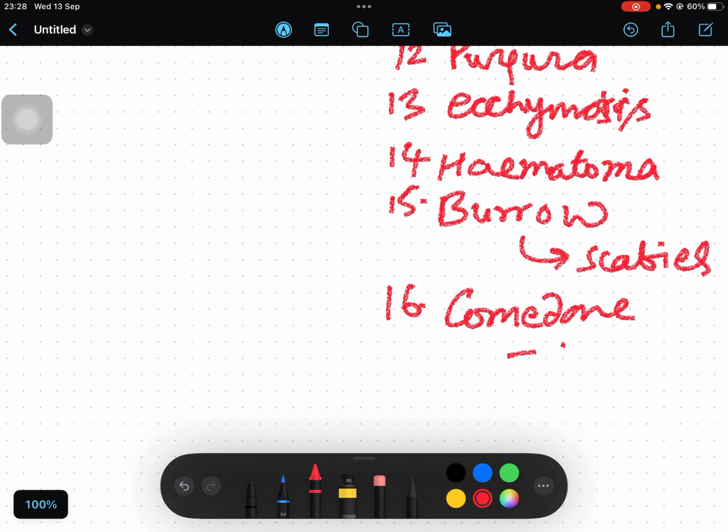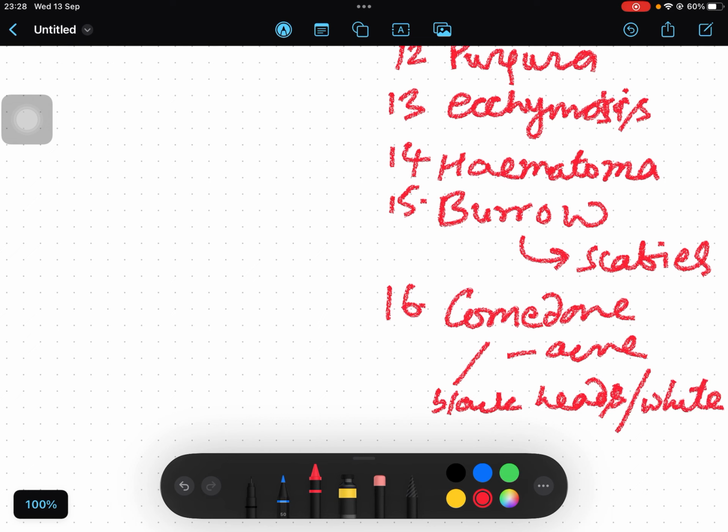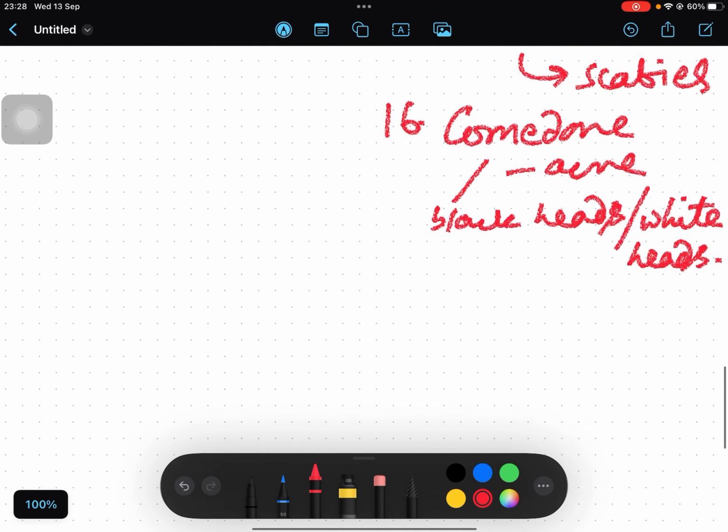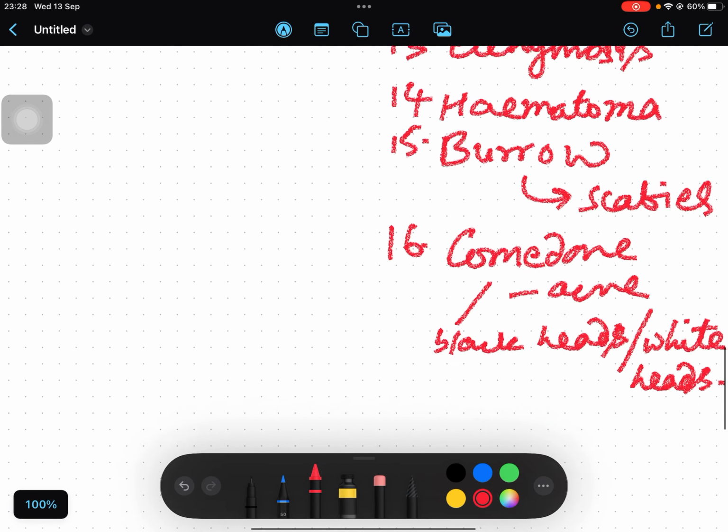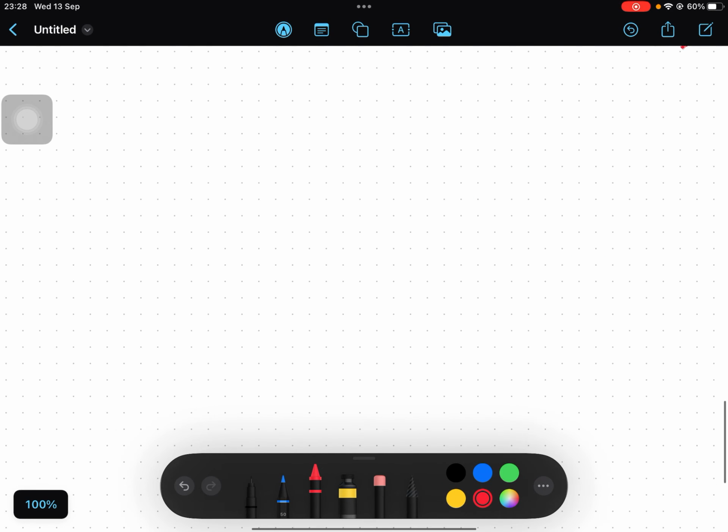Comedone is seen in acne and presents itself as blackheads and whiteheads. Okay, so this is about the primary skin lesions. A total of 16 of them are present.